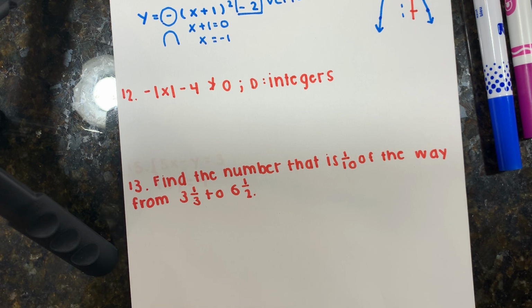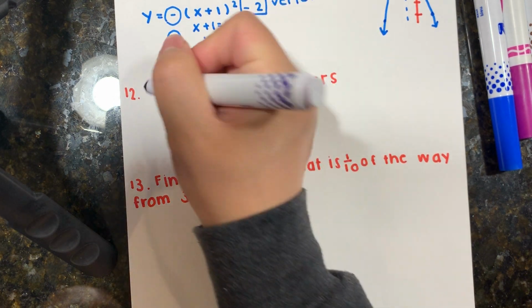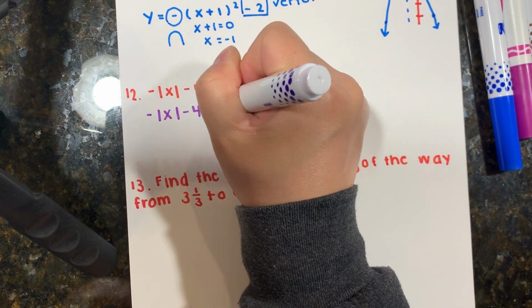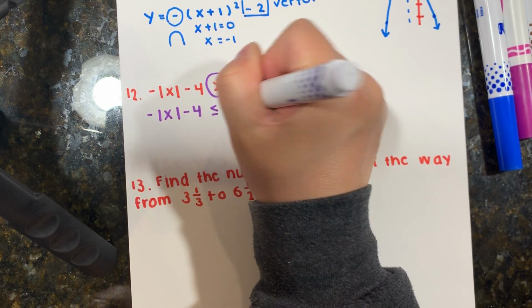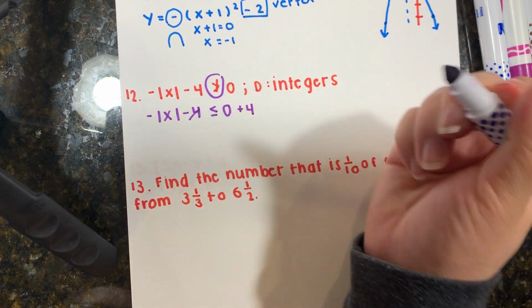Then we're going to move on to number 12, and this is going to be graphing the absolute value, which is from lesson 99. So I'm going to start by just solving for that inequality. I see that there's a slash through my inequality symbol, so what I'm going to do first is flip that, and I'm going to add the equal sign back in. Then I'm going to add 4 to both sides.